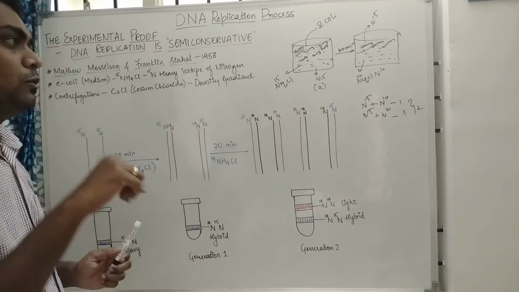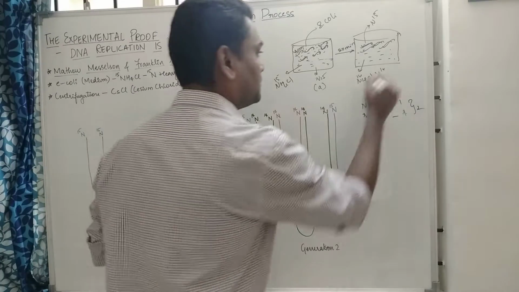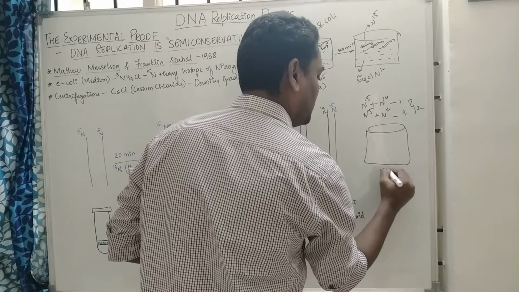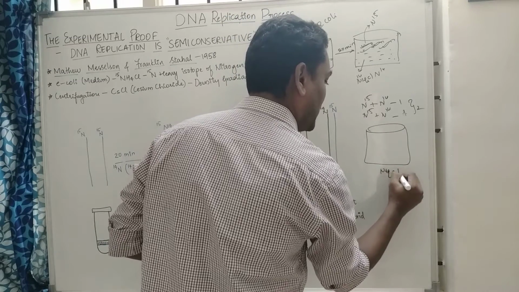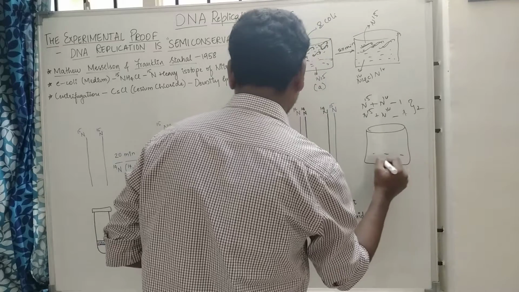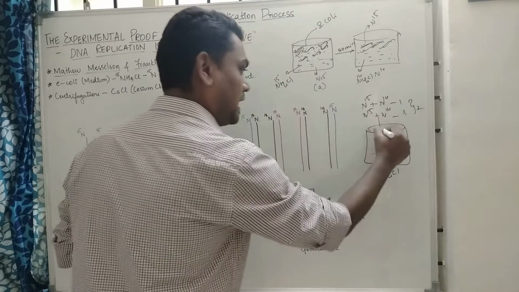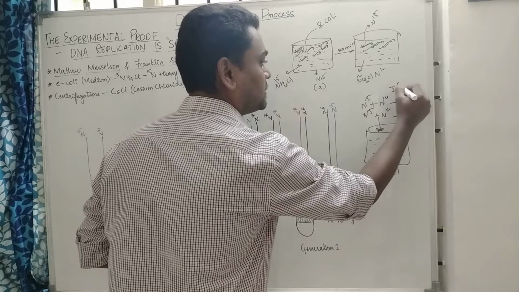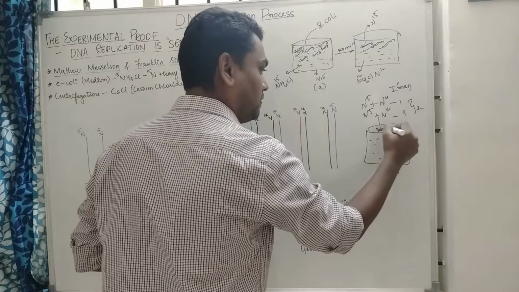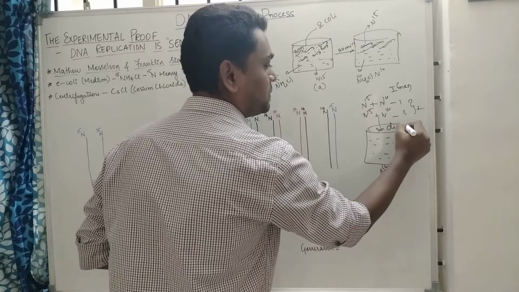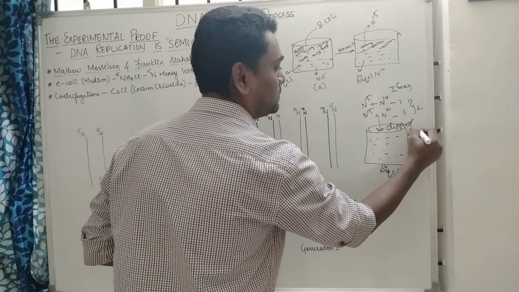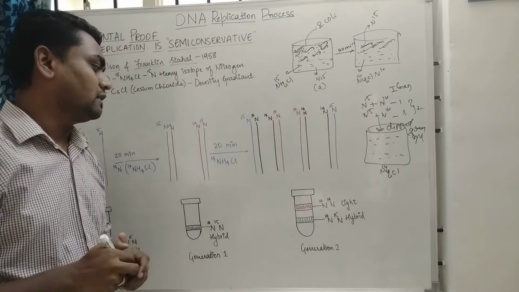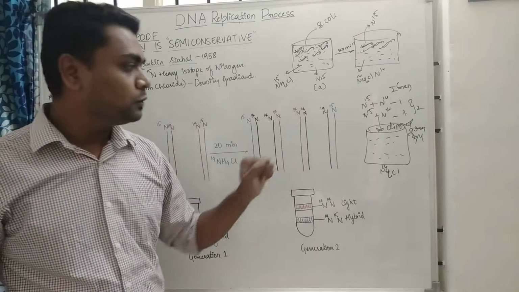After that, they did one more thing. Again they took it and dipped it for 20 minutes in NH4Cl having isotope 14. This output I will call the first generation. They grew and synthesized for 20 minutes. What output did they get?